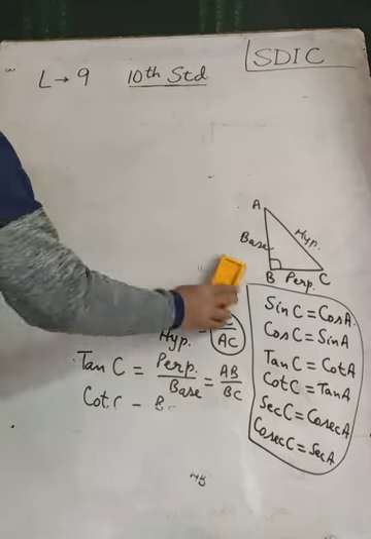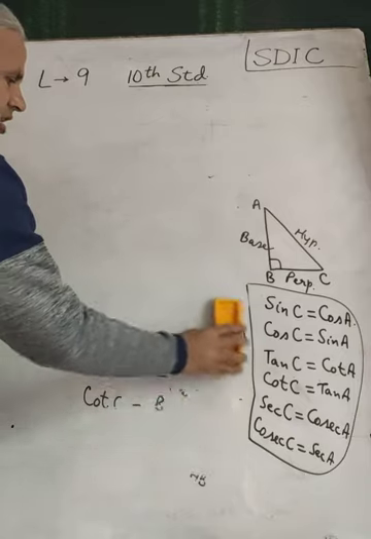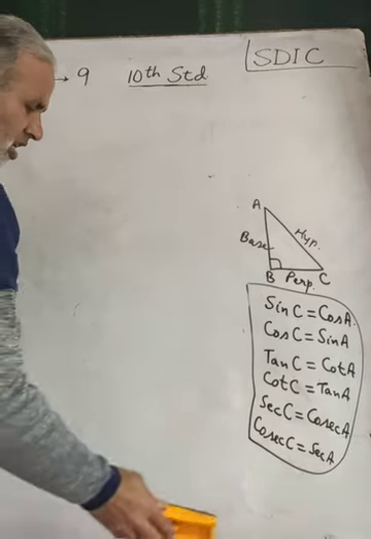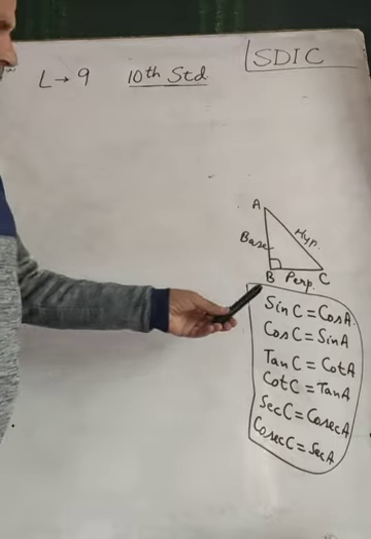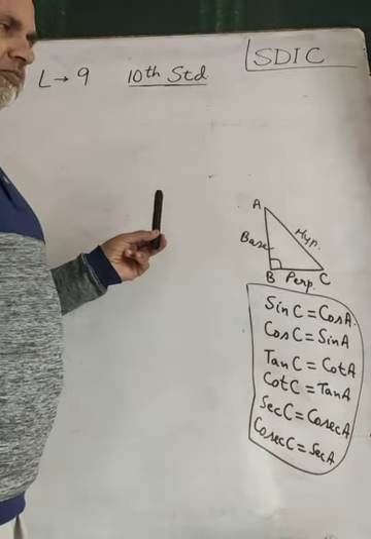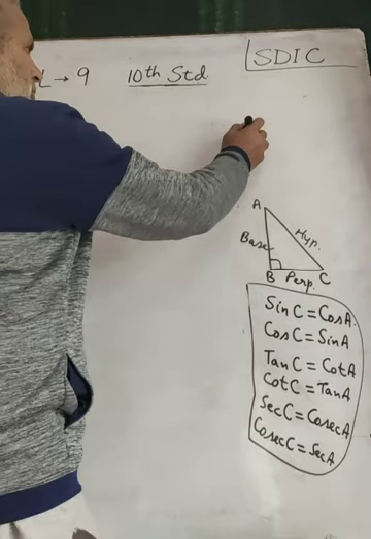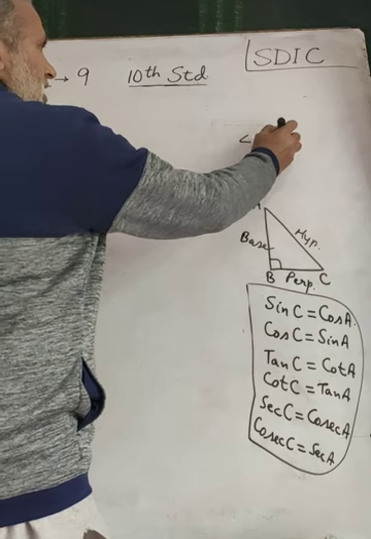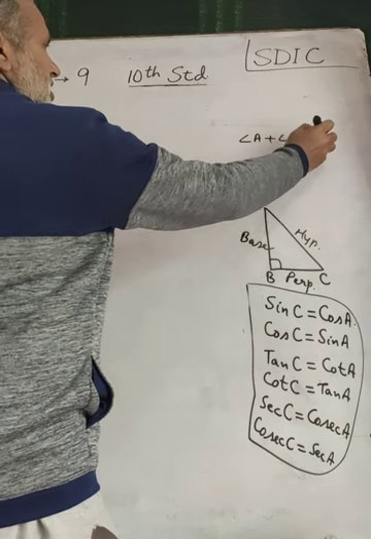Now these relations are generally expressed by putting in the value of C we have earlier got. You were told angle A plus angle C is 90.